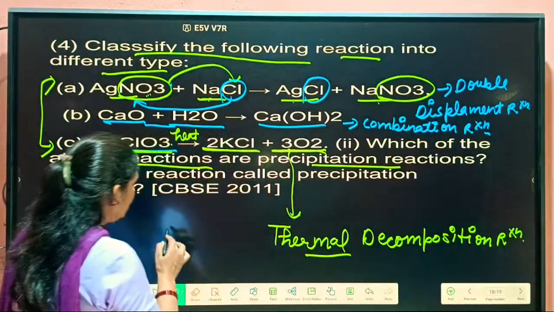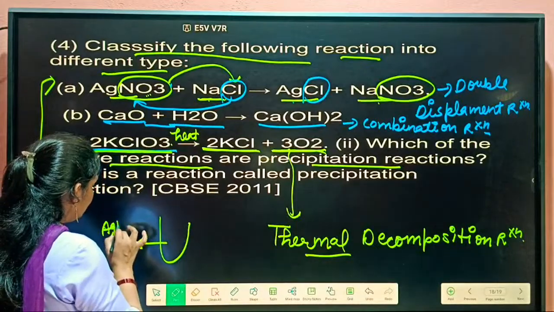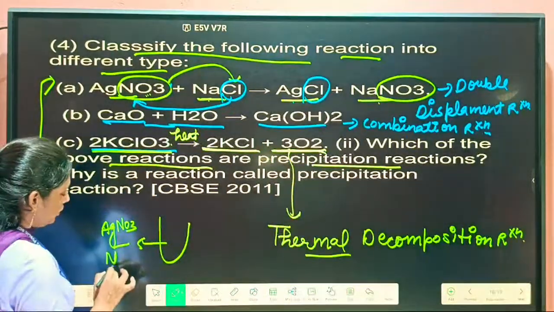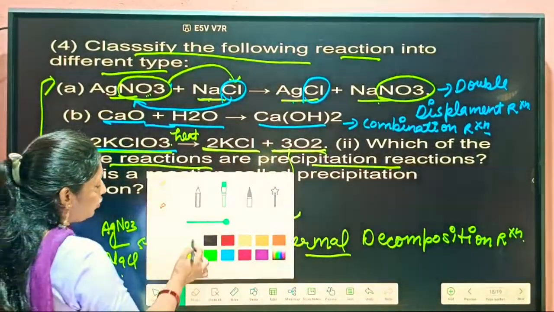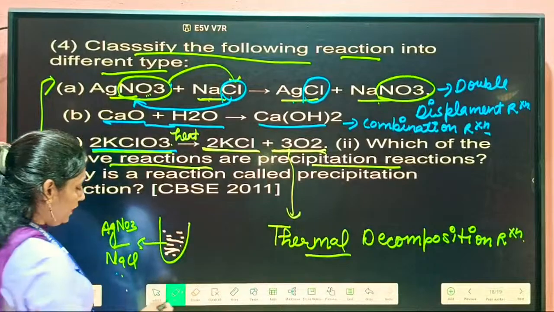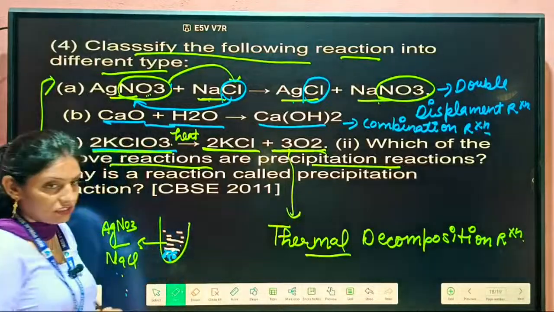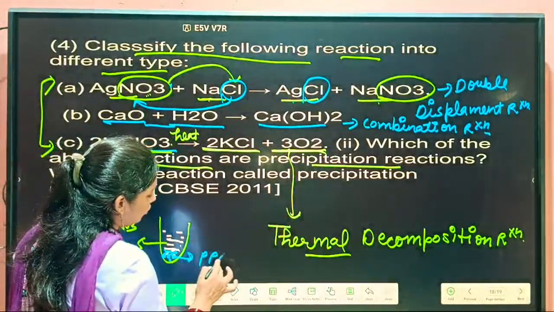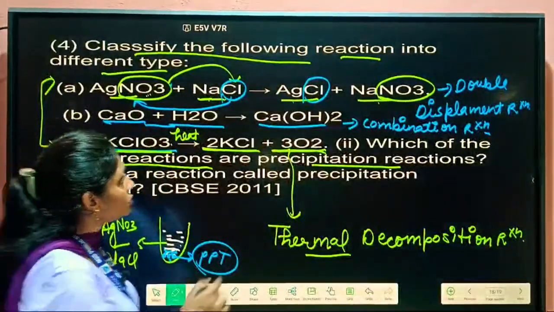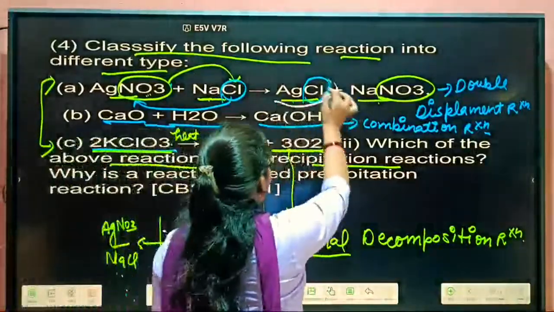For example, students, here if we take AgNO3, silver nitrate, plus NaCl, sodium chloride, and mix both of these, what will happen? Here we get some insoluble substance, and this insoluble substance is known as precipitate, PPT. So here the AgCl is in PPT form.